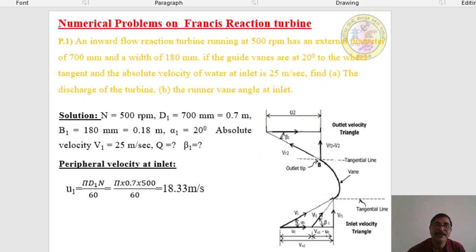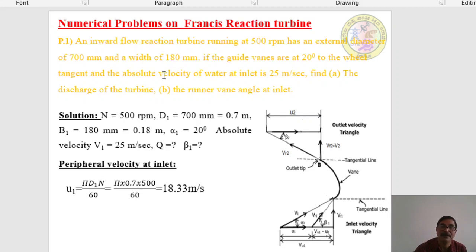An inward flow reaction turbine running at 500 rpm has an external diameter of 700 millimeter and a width of 180 millimeter. If the guide vanes are at 20 degree to the wheel tangent and the absolute velocity of water at the inlet is 25 meter per second, find 1, the discharge, and 2, the runner vane angles.